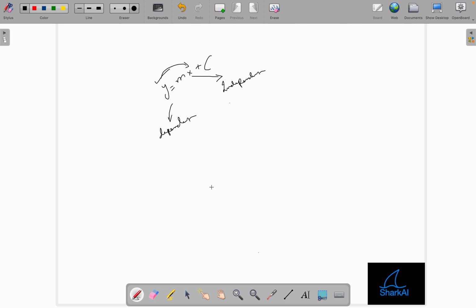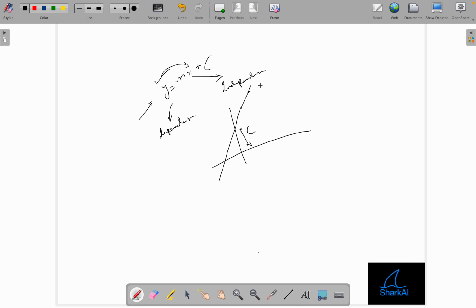And what are the types of regression? The first one is linear regression. In linear regression, you have the same equation y = mx + c. We have a line like this, and this is the intercept, which is called c.